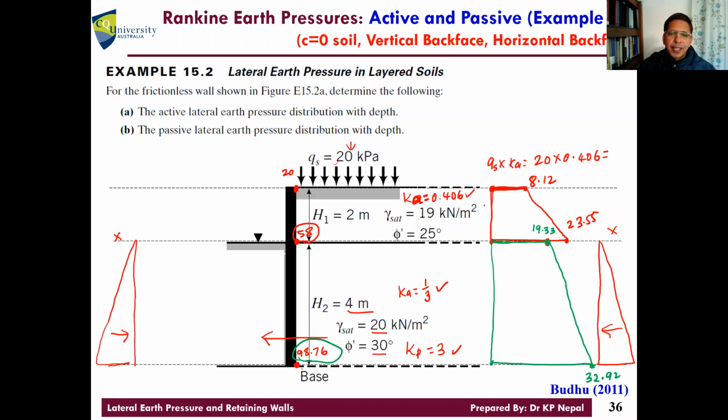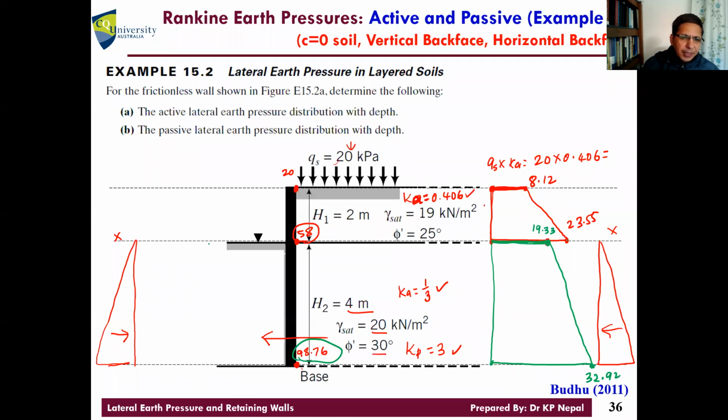Can anybody explain what might be the reason the horizontal pressure just below the layer over here is less than above the layer? What is the reason? Because of different types of soils, so the coefficients are different. Done now. It's all calculated here.